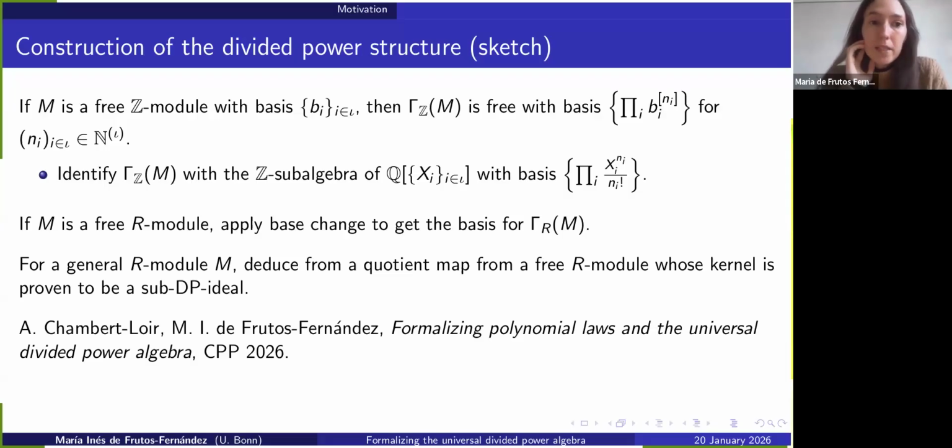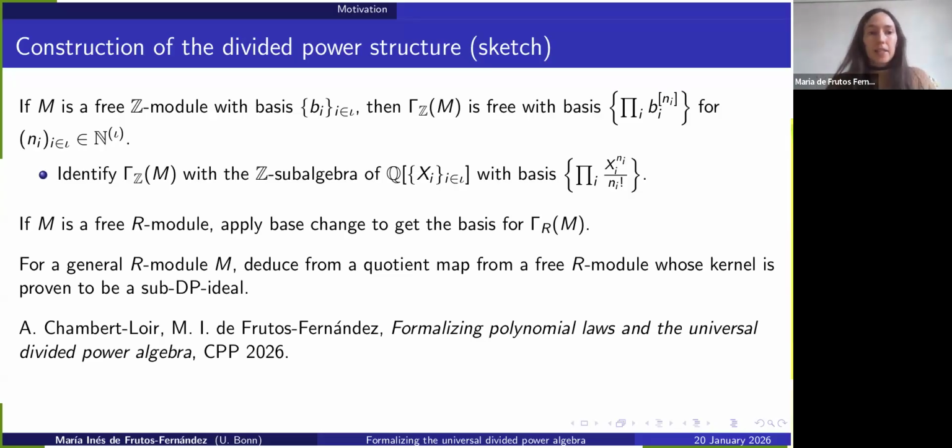Okay, so once we have the basis for the case where M is a free Z-module, we can then generalize to free R-modules over any commutative ring R by applying some base change argument to get the basis for gamma_R of M.